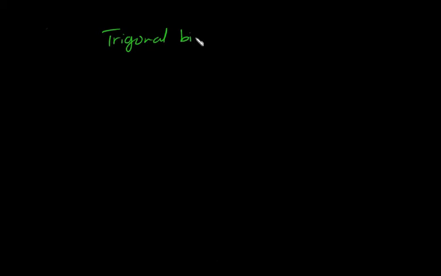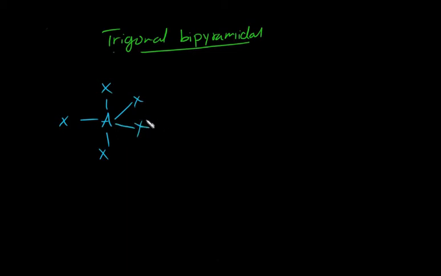Let's have an atom, call it A, and this atom is surrounded by 4 atoms, let's say X, X, X, and the 2 remaining atoms are like this, X. What we need to worry about here is the bond angle between these 3 atoms and the angle here.